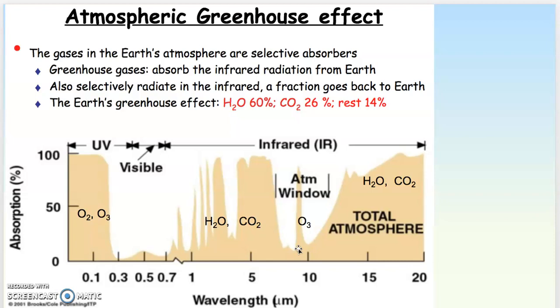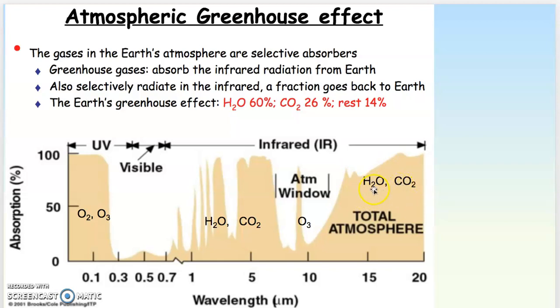Smog is made up of ozone. So there is some infrared that is absorbed in the atmospheric window, and that is related to ozone that is lower in the atmosphere. Then you see in the far infrared the impact of water vapor and carbon dioxide together.